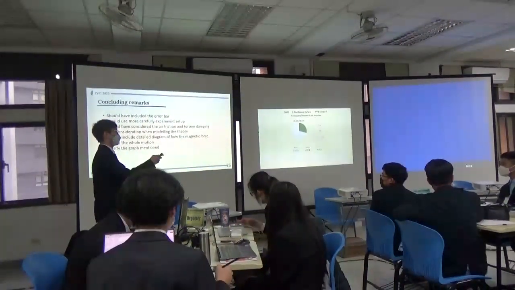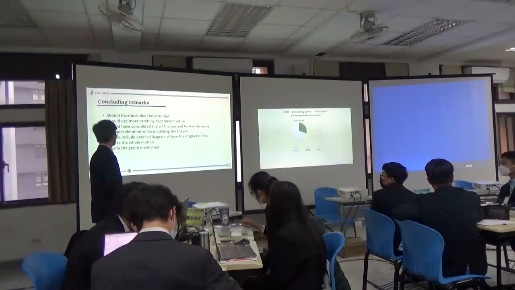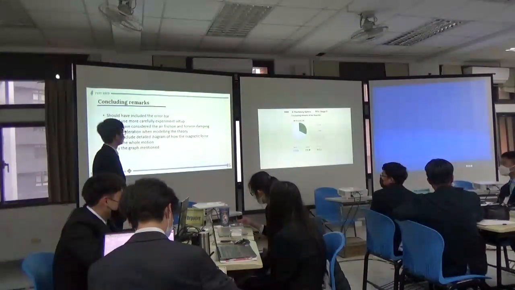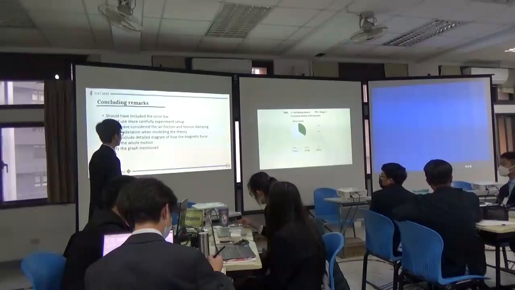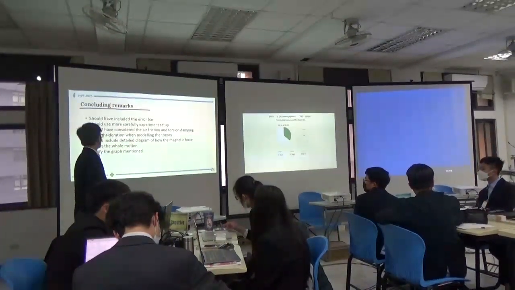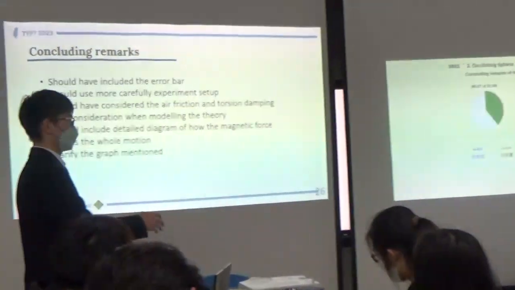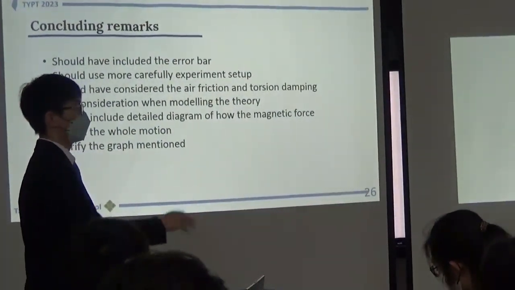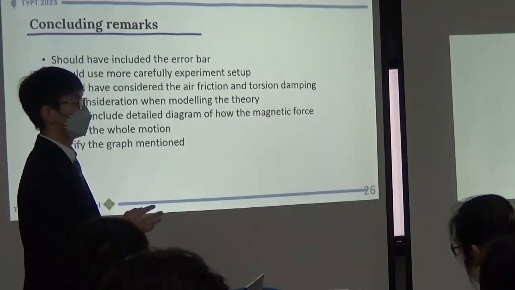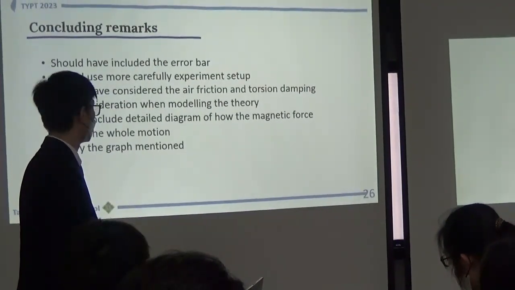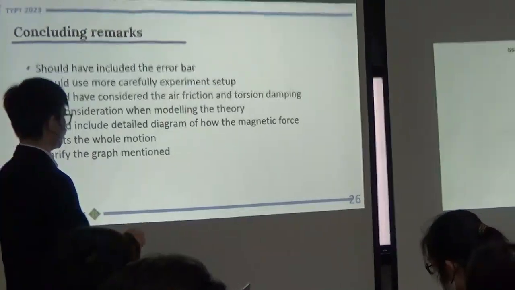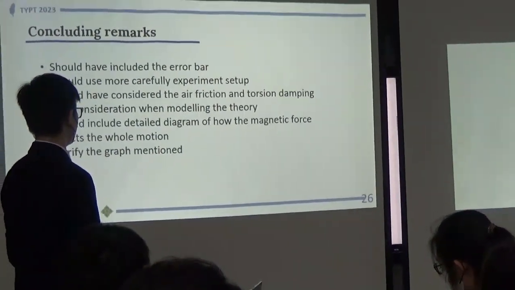And thanks for the suggestions from the opponent that I should have taken the air friction and the torsion damping into consideration when modeling the theory. And of course, I should include more detailed diagrams, and I also appreciate the opponent's help in explaining how the Lorentz force affects the whole motion.